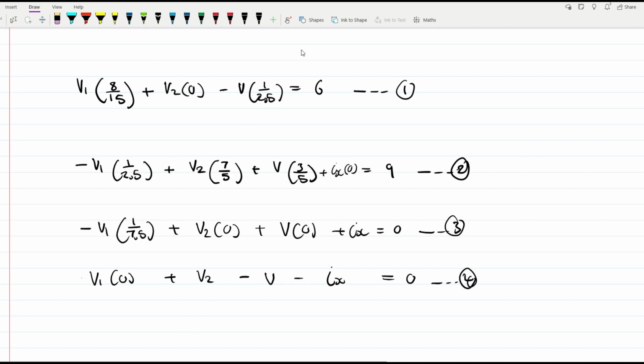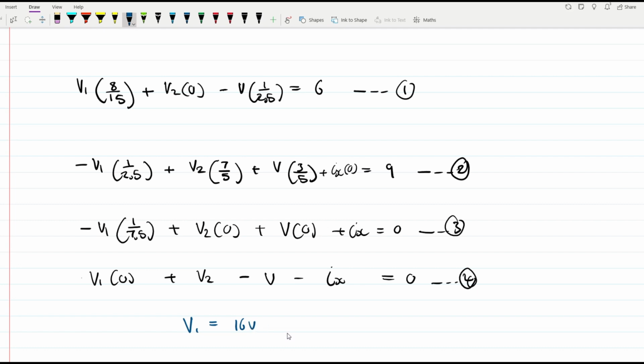So V1 is equal to 16. So basically I got 15.9, but I can just round that off to 16 volts.